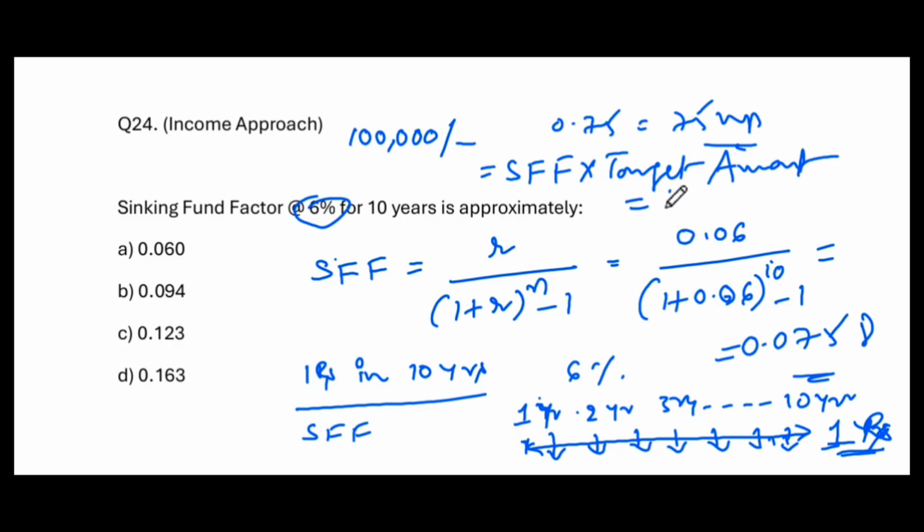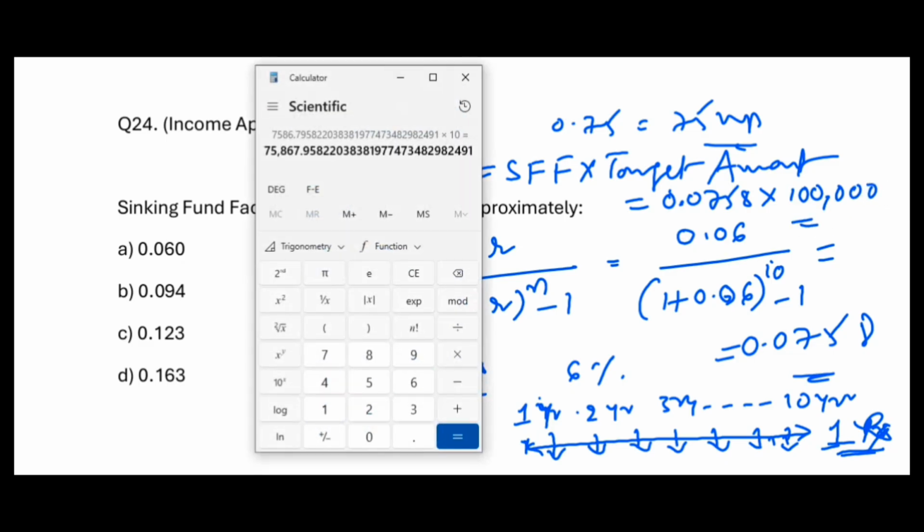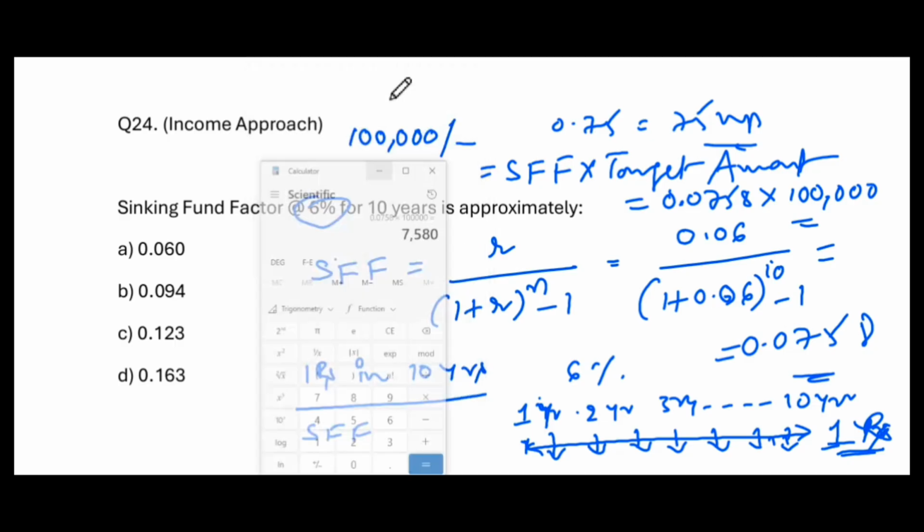We got SFF as 0.0758 at 6% interest, into the target amount of 1 lakh. If you calculate 0.0758 into 1 lakh, that means 7,580 rupees.